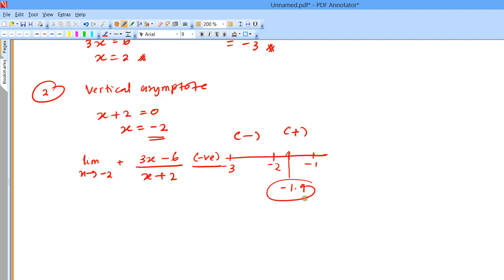Divide by, and if you substitute at the denominator, we get negative 1.9 plus 2, we get positive sign. So negative divided by positive equal to negative sign. So we get negative infinity.